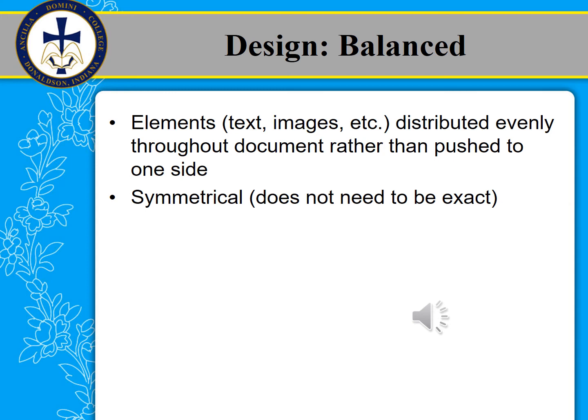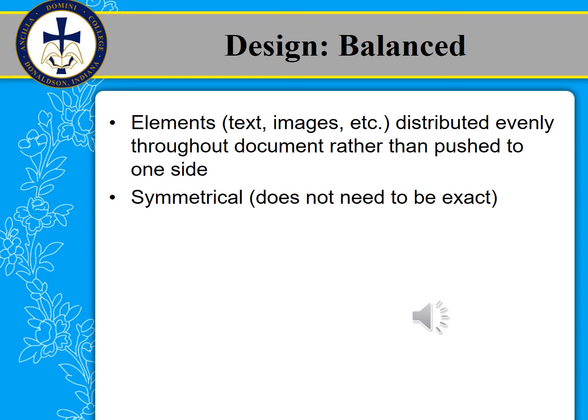But as you start using more columns, which we discussed a minute ago, or if you're using tables, if you're using images, things like that, you don't want to just put everything off to the left or to the right. You need to kind of put them throughout the document so it looks a little bit balanced out, and that'll go easier on the eyes and help draw readers to the specific things they need as well.